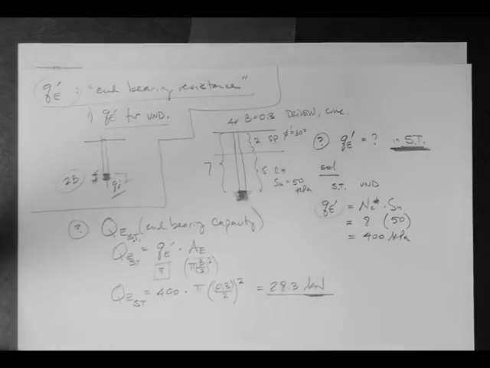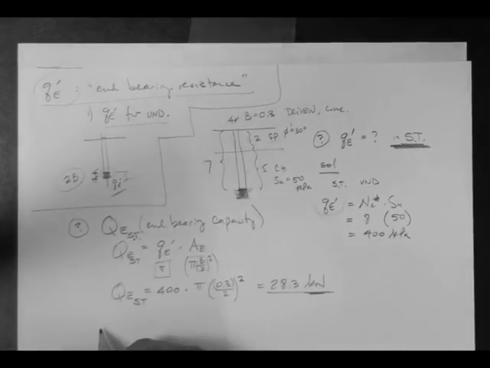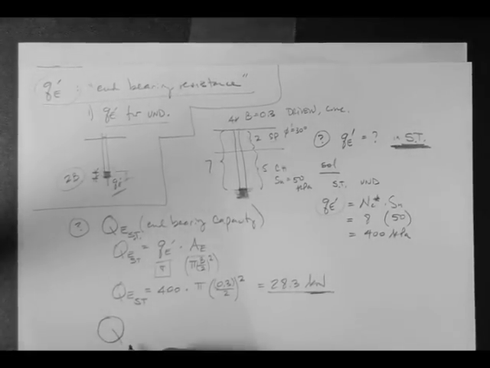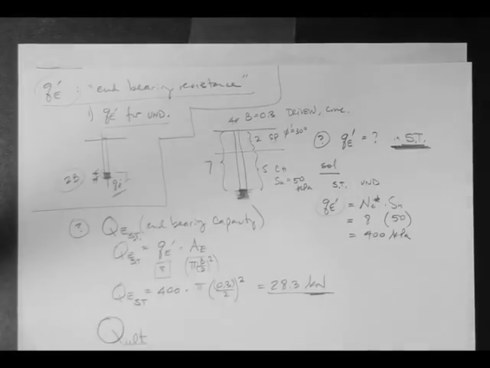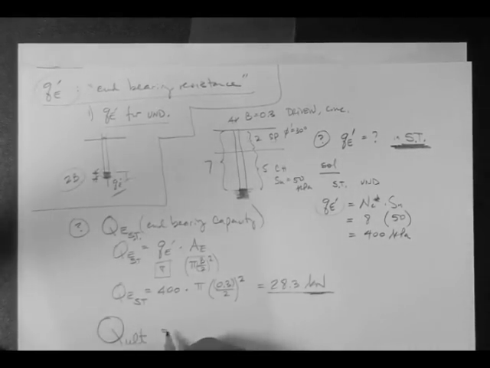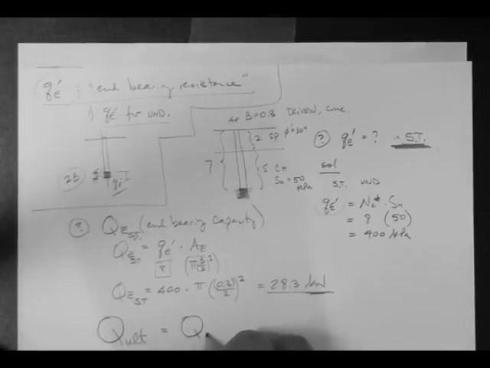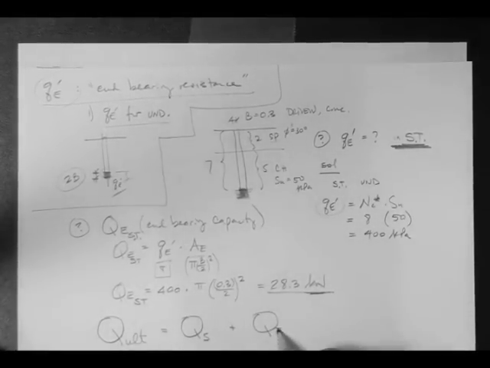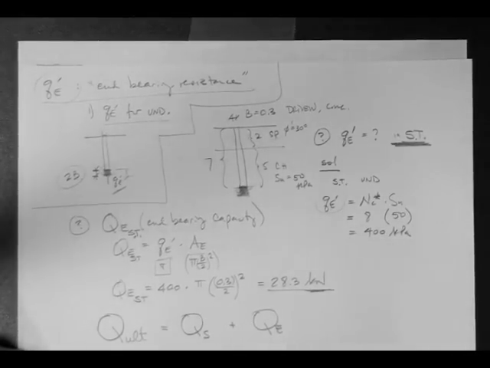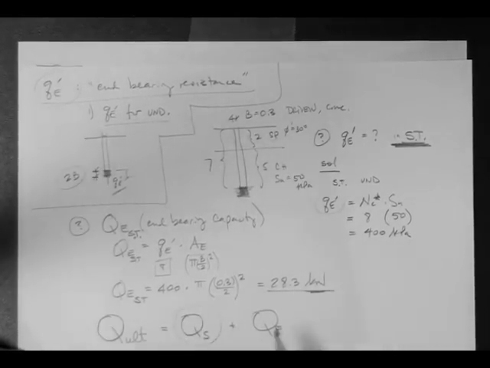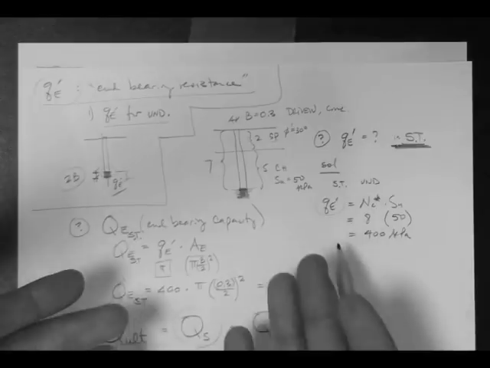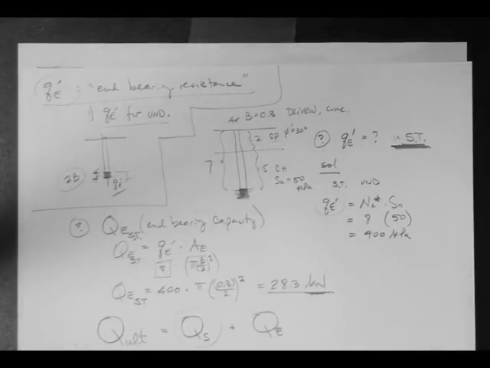So finally, the capacity of the pile is the side friction capacity plus the end bearing capacity. Okay, so you would have to get this one, you would have to do the same thing that we did for the previous example, right?